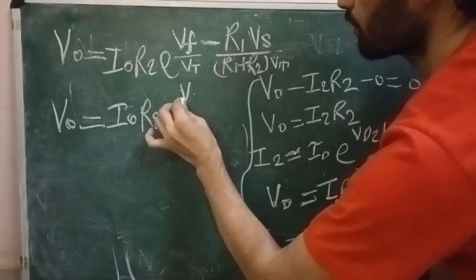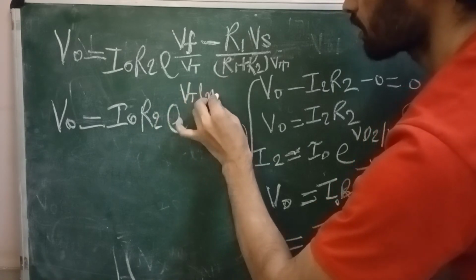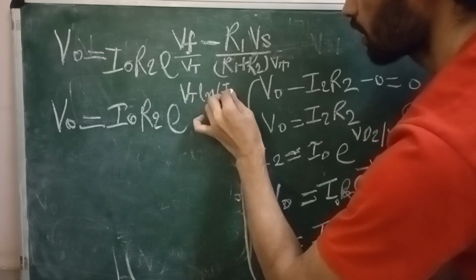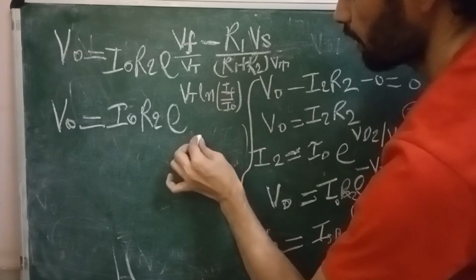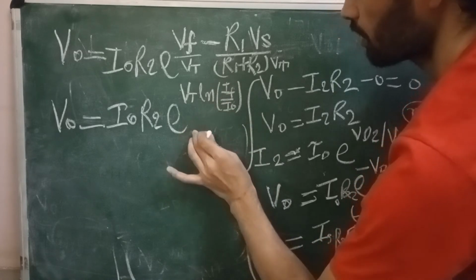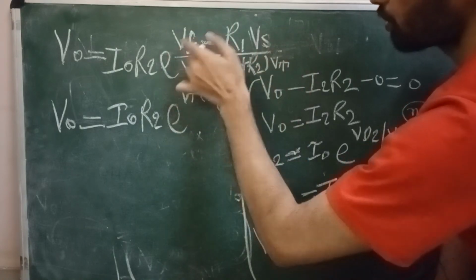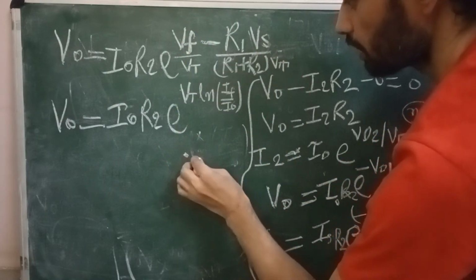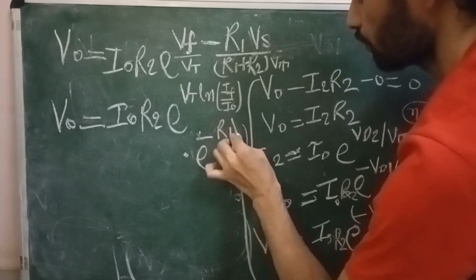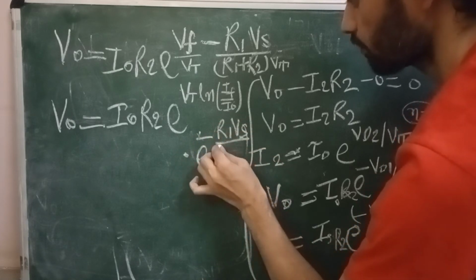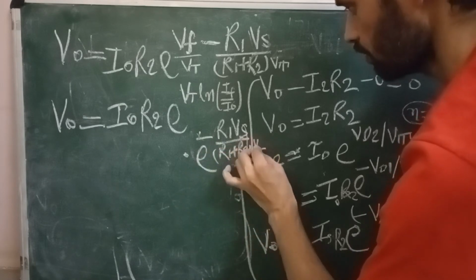So Vf is nothing but Vt ln of If by I0. I am writing it separately, into e to the power minus R1 Vs divided by R1 plus R2 into Vt.